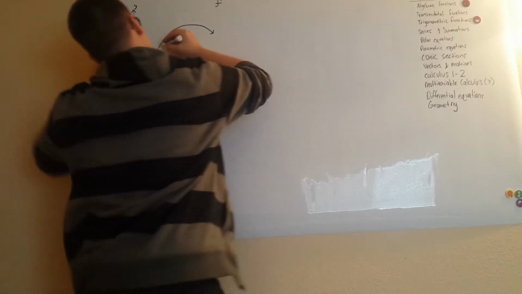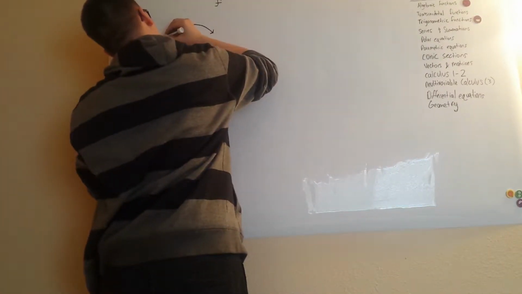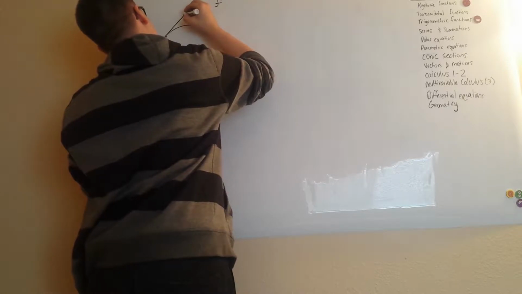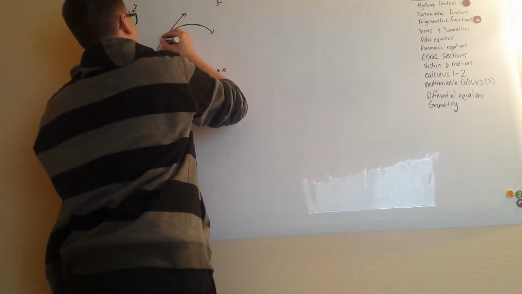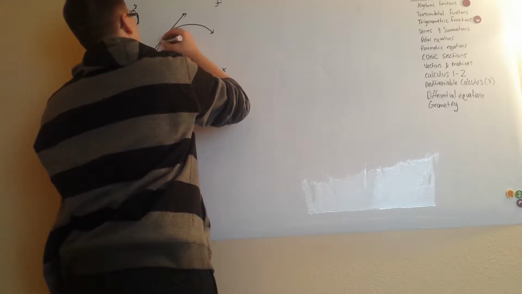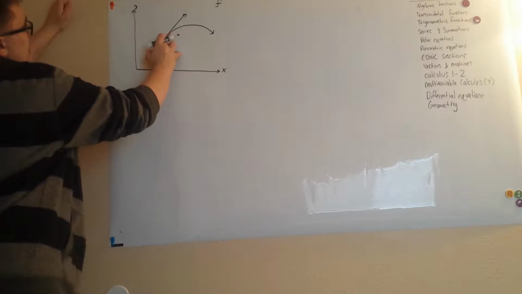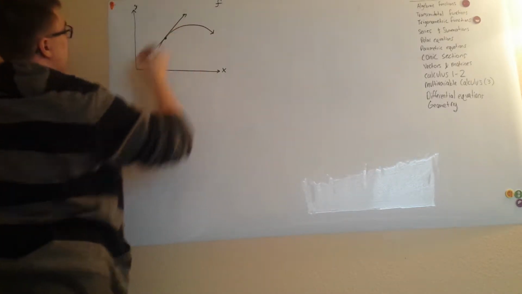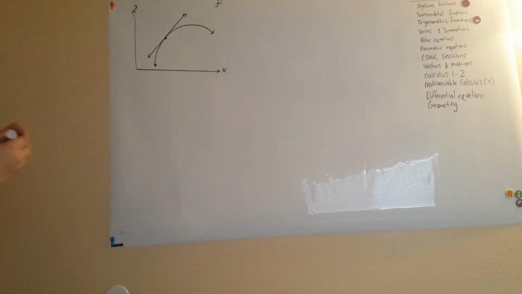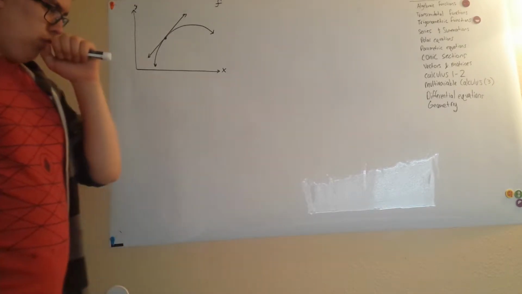It basically looks like that. A tangent line that only touches that point. That's what a tangent line looks like.